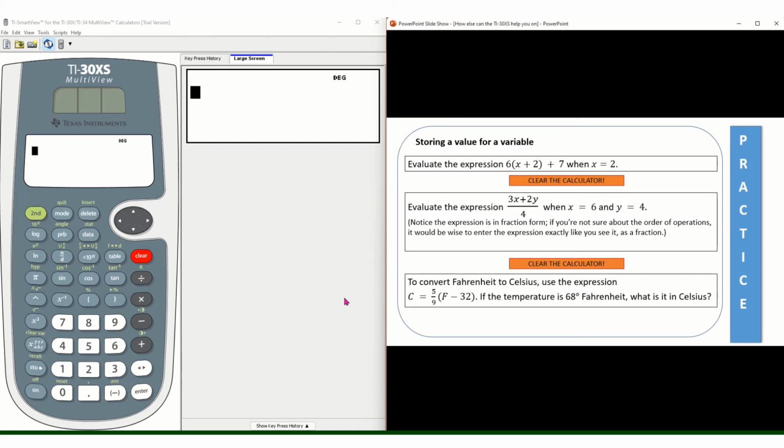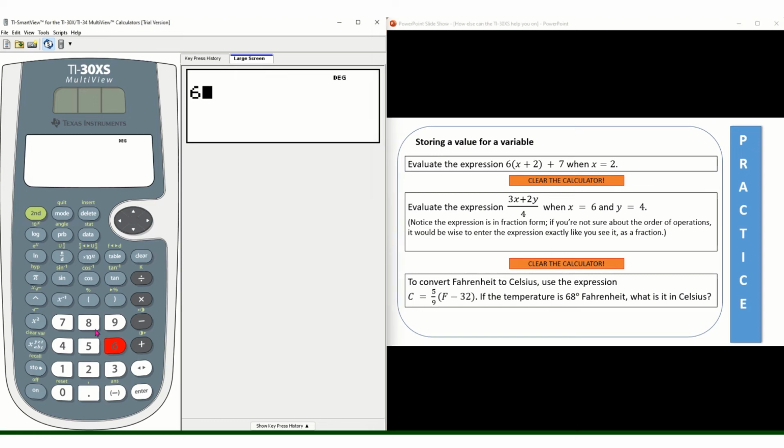If the temperature is 68 degrees Fahrenheit, what is it in Celsius? So in the expression that I see, F obviously stands for Fahrenheit, C stands for Celsius. Notice too that F is not a variable on your calculator, so you just need to substitute another variable for the F. I'm just going to use x because it's the first one that pops up when I press it, so nothing to worry about here.